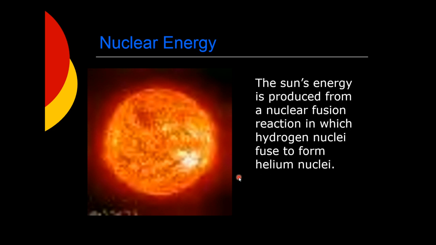Okay, so our sun has lots of energy that is produced from nuclear fusion. Nuclear fusion is when you have hydrogen nuclei, so the centers of a whole bunch of hydrogen atoms colliding, slamming together to form helium nuclei. Remember, fusion means joining.